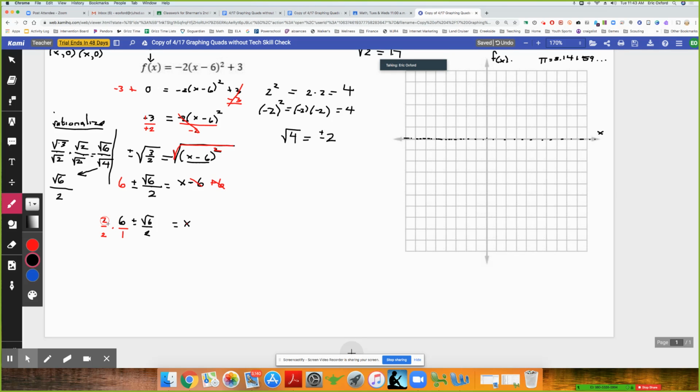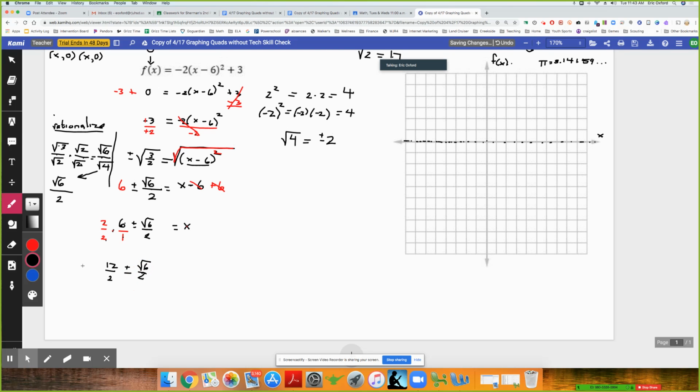So here I have 2 times 6. That's 12. And then I have 2 times 1. That's 2. And so I have 12 plus or minus square root of 6 over 2.